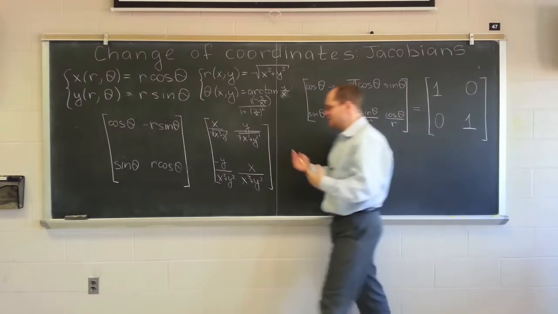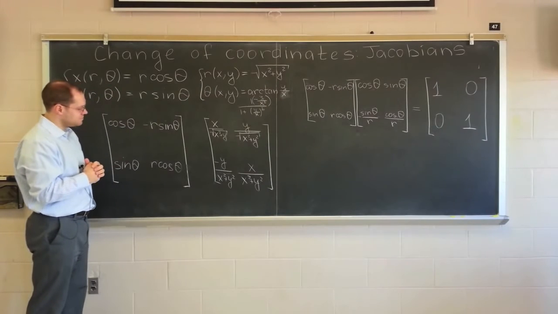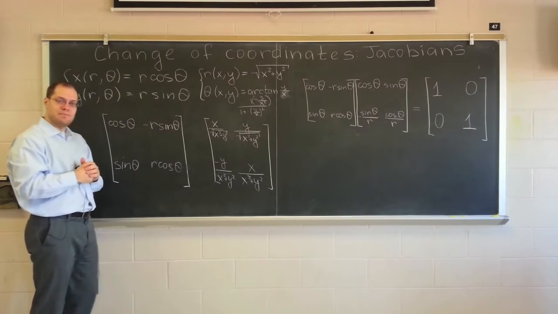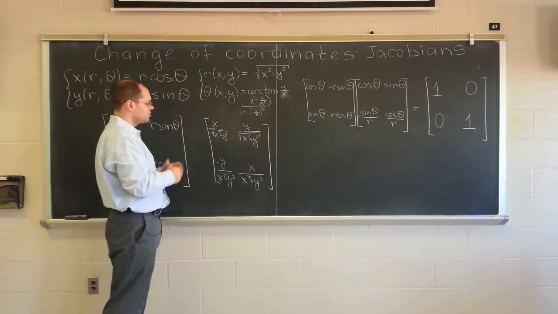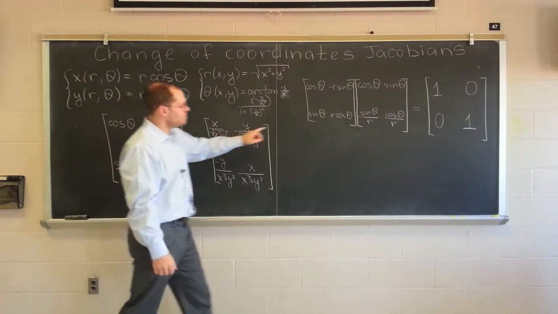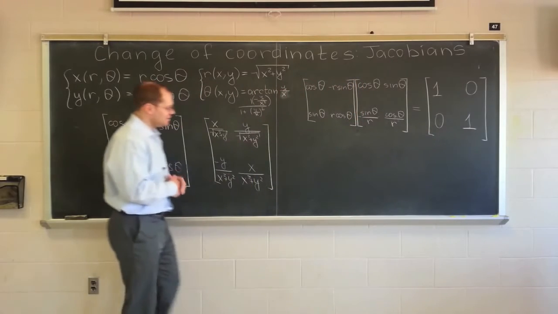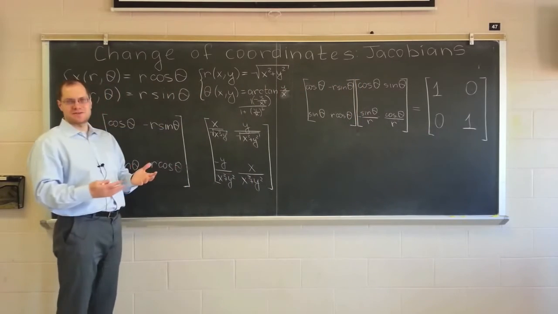The result is the identity. So indeed, the two Jacobians corresponding to the same point for the inverse coordinate transformations are matrix inverses of each other. And the obvious question is why?